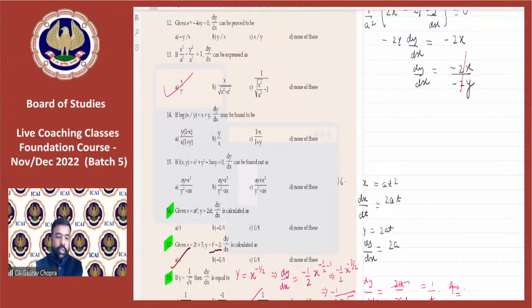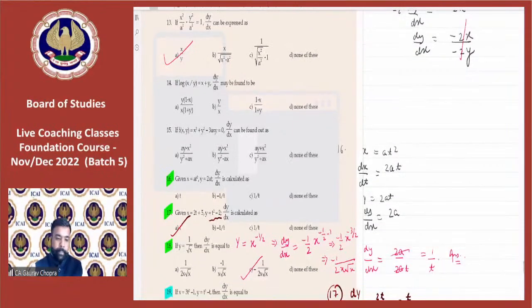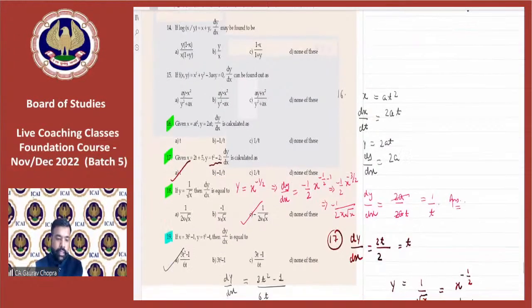So this was question number 13. Then let me take some more questions of different variety.